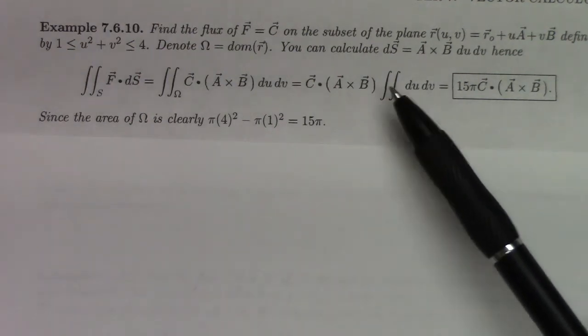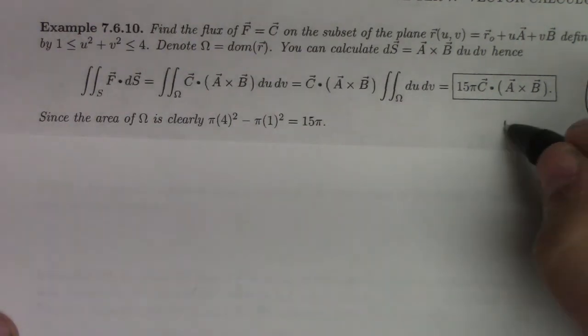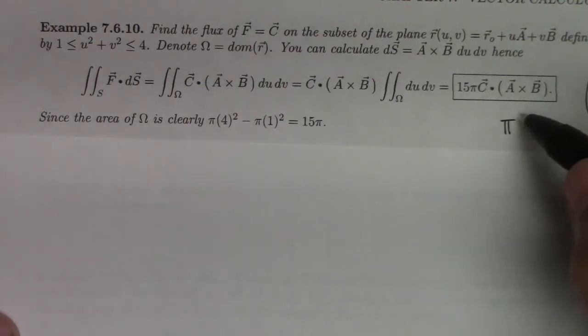But the area of an annulus, if I have outer radius 2 and inner radius 1, the area of this guy, right, it's pi times, why do I get 4? Oh, no? Oh, I'm dumb. Look, the radius, that's not 15 pi, you dummy.